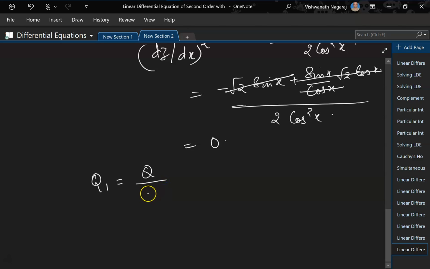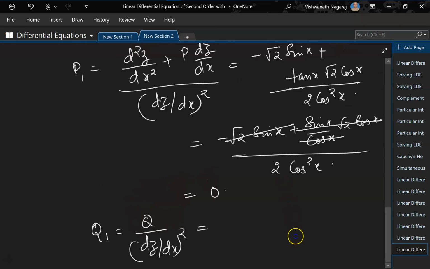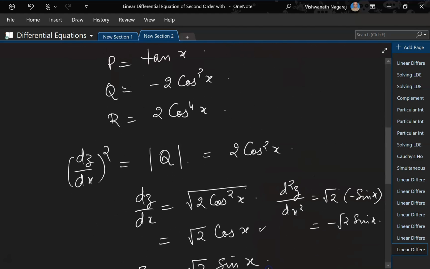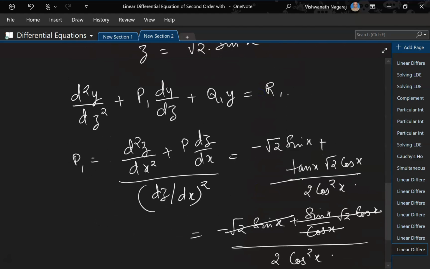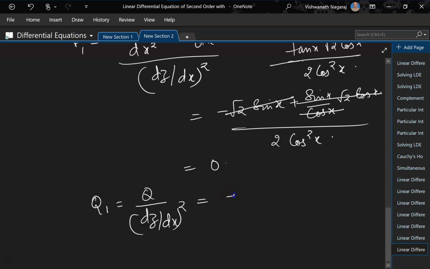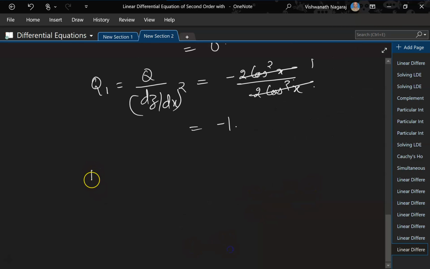Now Q1 would be equal to what? Q divided by (dz/dx)². And here Q is minus 2 cos²x, so minus 2 cos²x divided by (dz/dx)², that is 2 cos²x. So these two get cancelled out and we are left with minus 1. That is Q1.